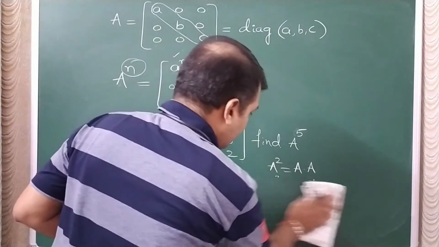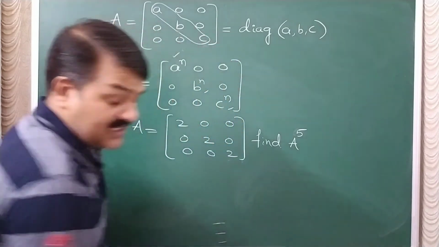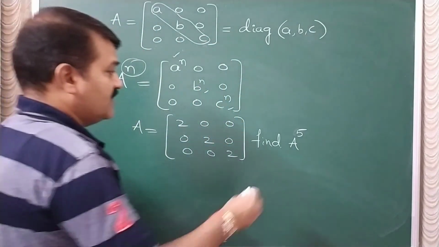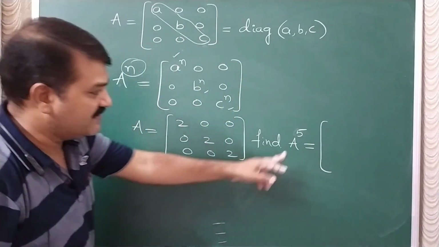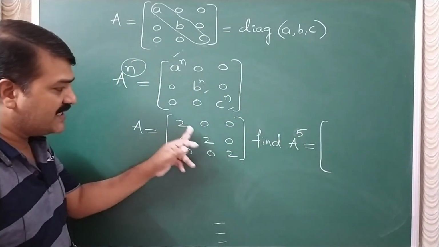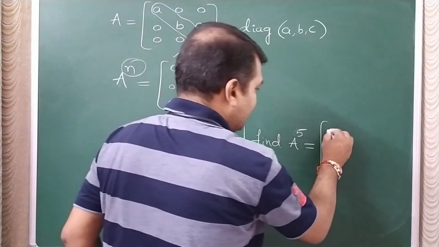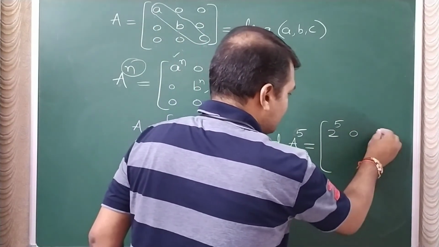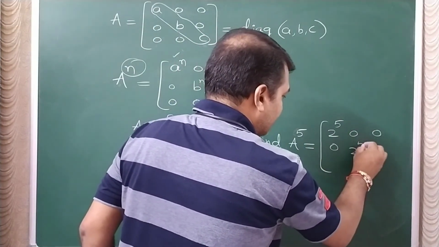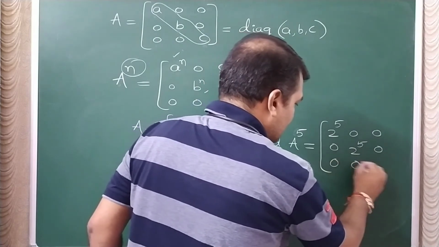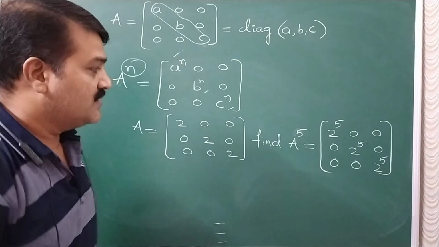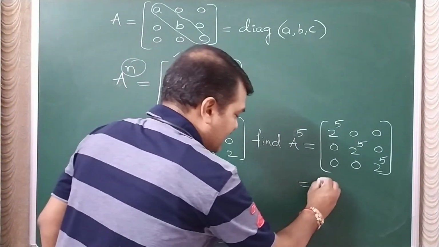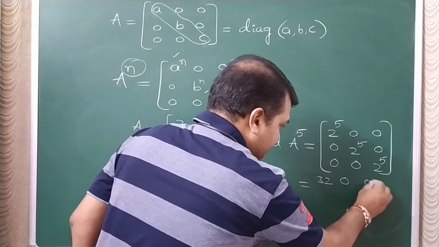Okay, so directly I will use the shortcut formula. Then A power 5, I will write like this. A power 5 means that power 5 will be taken directly to diagonal elements. So I can write like this: 2 power 5, 0, 0, 0, 2 power 5, 0, 0, 0, 2 power 5. Directly I can write like this.